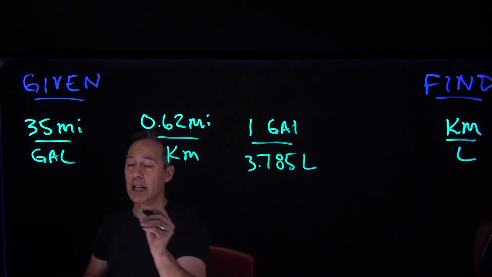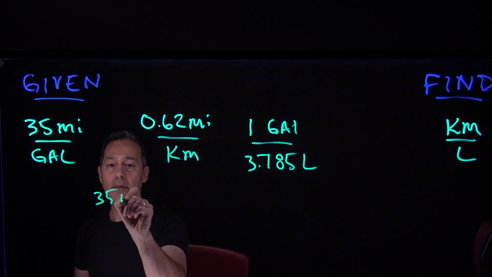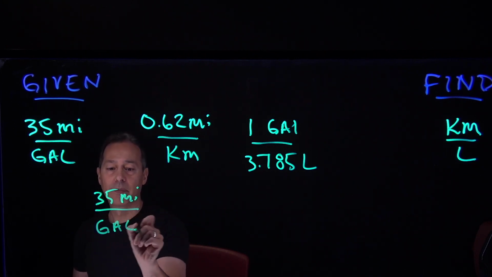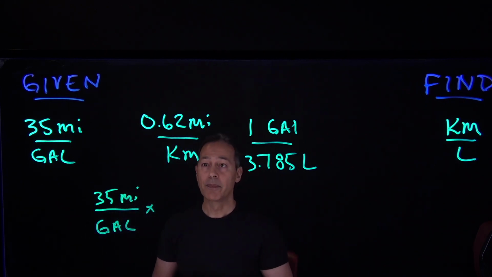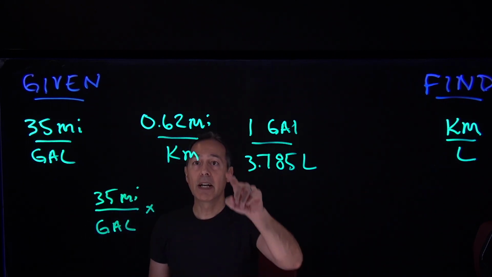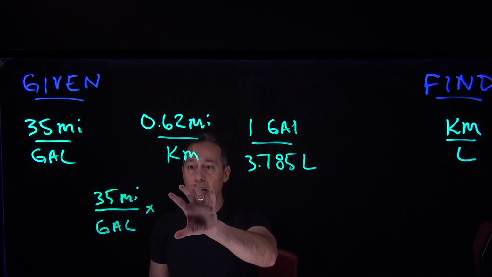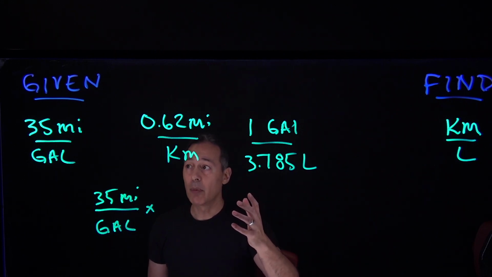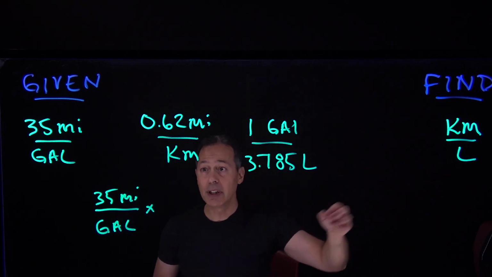I have 35 miles per gallon, and I'm going to use my conversion factors. I'm going to start out here with 0.62 miles per kilometer, and I'm going to put that in here. And I want my units to cancel out so that I get rid of miles, get rid of gallons, and end up with kilometers and liters.